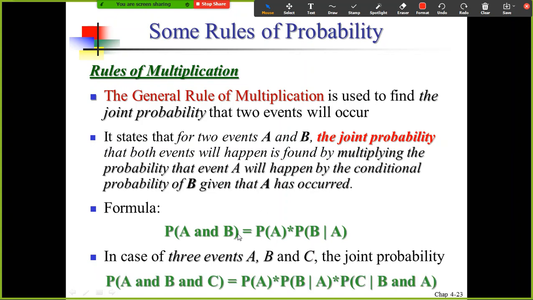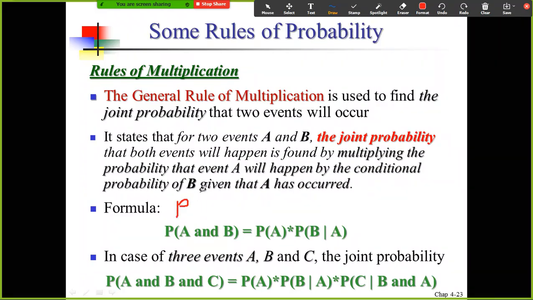In case we have three events, probability of A and B and C equals the probability of A multiplied by the probability of B given that A, multiplied by the probability of C given that B and given that A. How about four events?